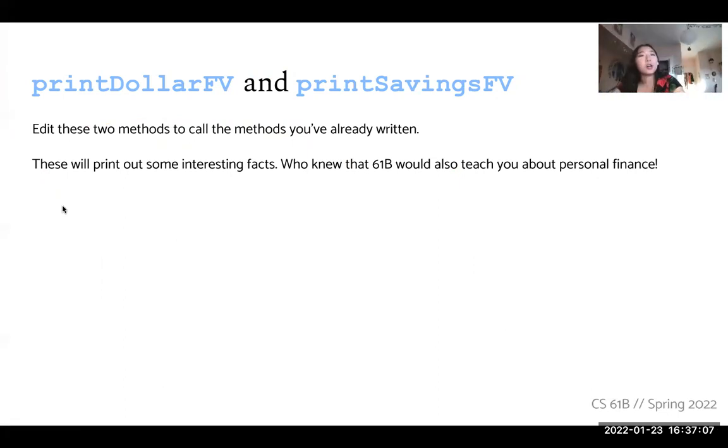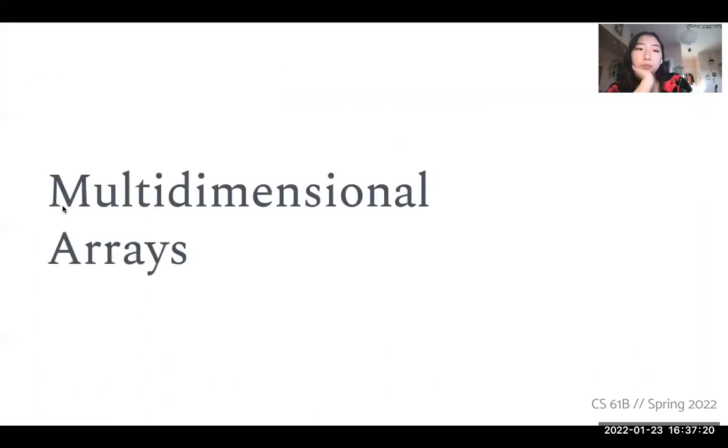But print dollar future value and print savings future value should not be complicated or like writing new code really. It's more just editing it slightly to call things you've already written. So that was compound interest. Feel free to take a break if you need it, and we will move on to multidimensional arrays.